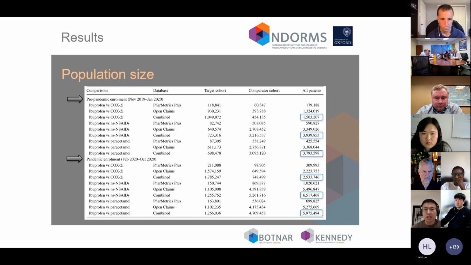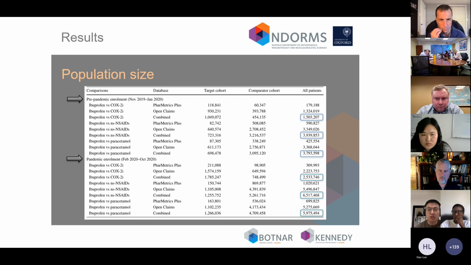Here are our results. The 2 gray arrows show the pre-pandemic and the pandemic cohorts. Because these drugs were so commonly used, we got a quite amazing and large sample size. For example, more than 1.5 million users in the ibuprofen versus COX-2 pair, nearly 4 million users of ibuprofen versus other NSAIDs, and similar numbers for ibuprofen versus paracetamol.